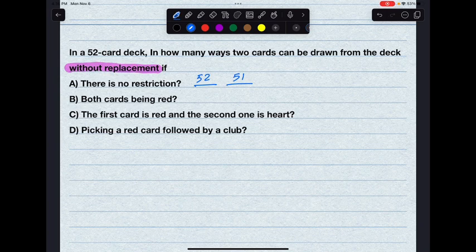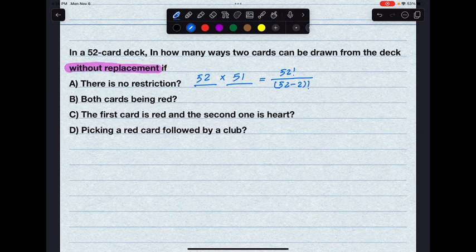So one card has been eliminated from that deck of cards, so it's just 52 times 51, or we can formalize it by 52 factorial divided by 52 minus 2 factorial. So when we do not have repetition and we have an order, okay, so we use this formula.